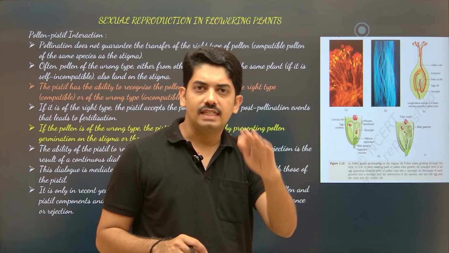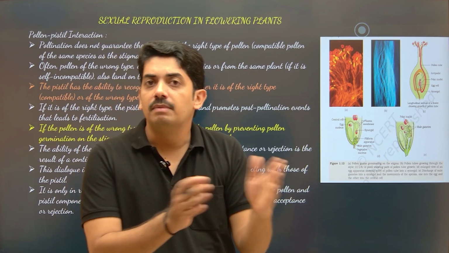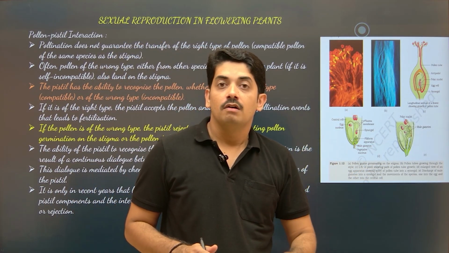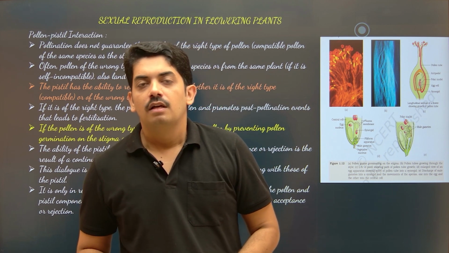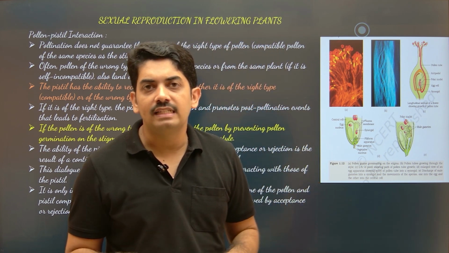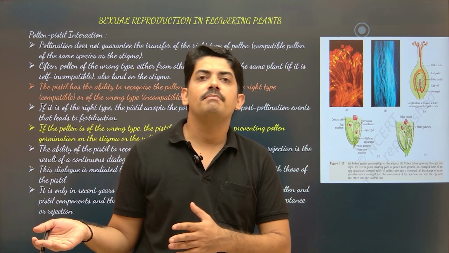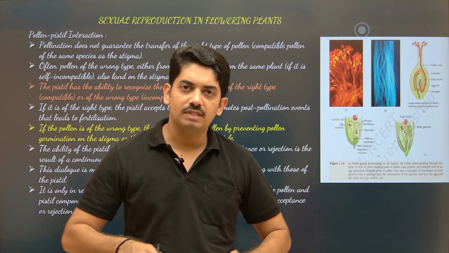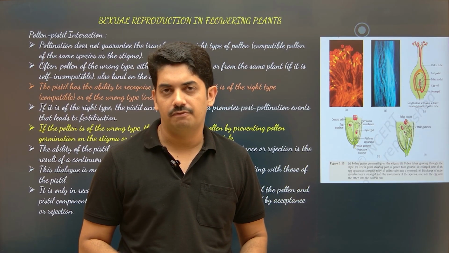On the stigmatic surface, something somewhat similar to this sucrose solution helps the pollen grains to germinate. First and foremost, pollination will not ensure fertilization, because the pollen grain may come from any plant. It may not come from the same plant and still land on the stigmatic surface.